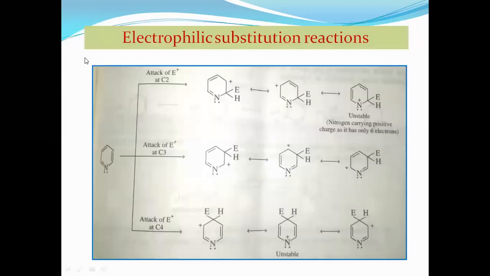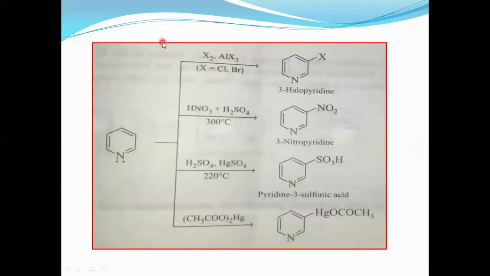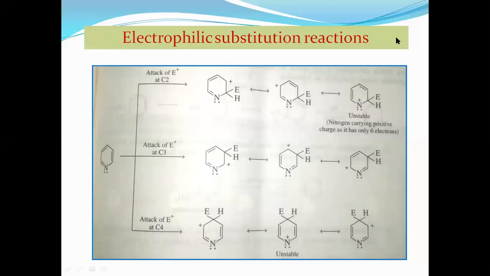Next are the reactions of pyridine. Pyridine undergoes electrophilic substitution reactions and nucleophilic substitution reactions. During electrophilic substitution, the incoming electrophile is bonded to the C3 of the pyridine, that is at this position.